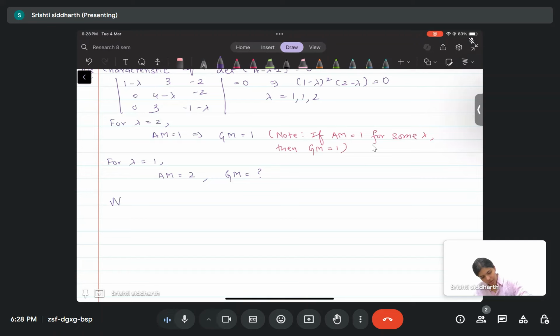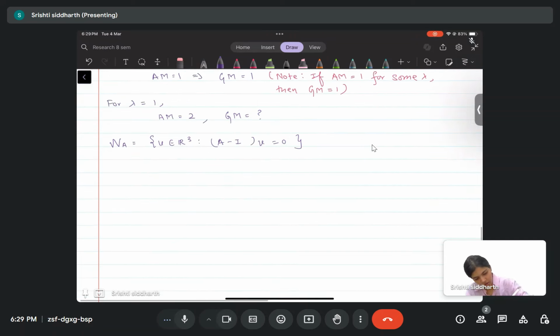What's the geometric multiplicity? It's the dimension of the subspace, right? The set of v in R3 such that (A minus lambda I) v equals 0, with lambda equals 1. The geometric multiplicity is the dimension of this subspace, which is the number of linearly independent vectors in the subspace N, which lies in R3.